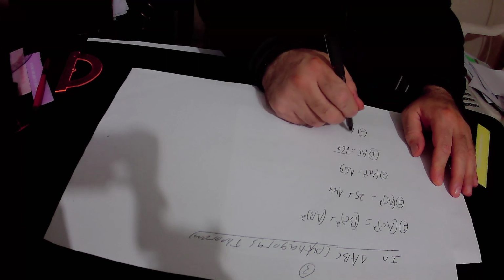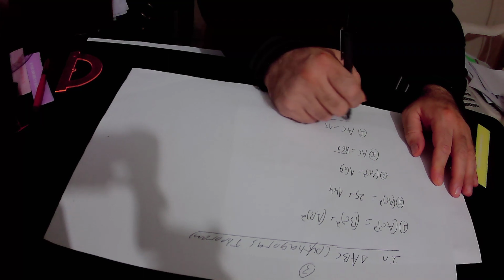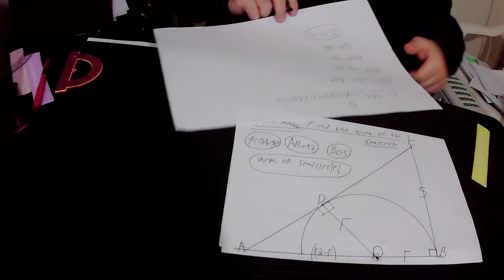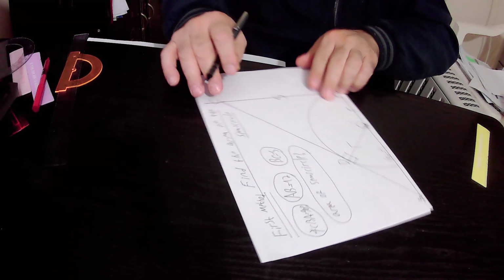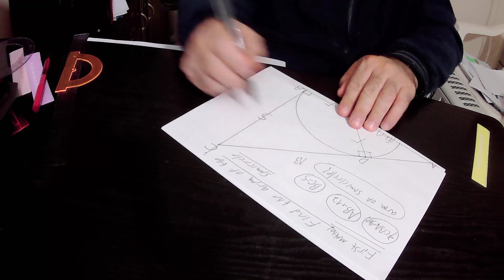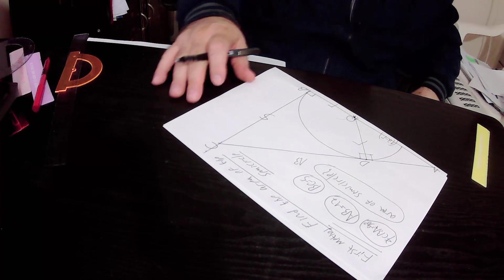That is to say, the square root of 169 is 13, so AC equals 13 units in its length. So we can write here that AC equals 13 units.